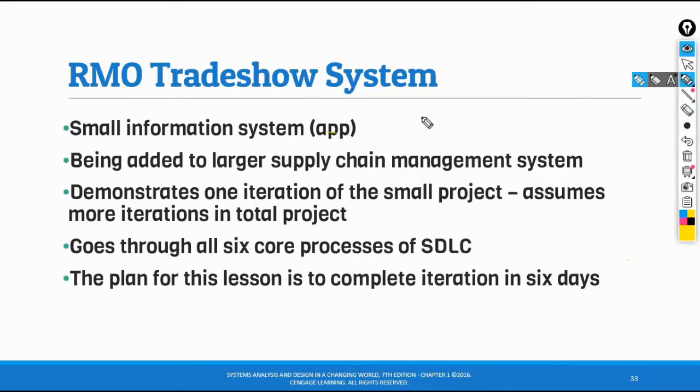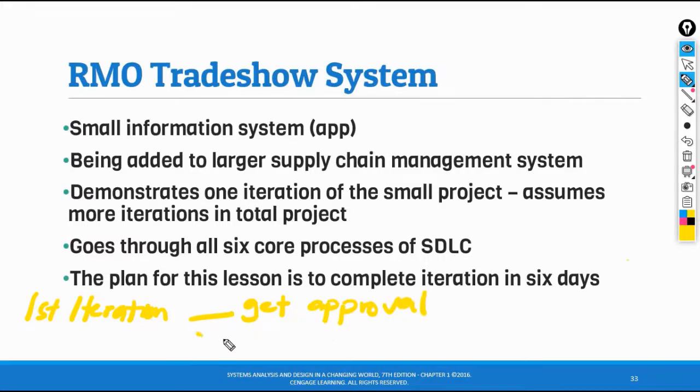So most new information system applications require a project with several iterations. In the first iterations, there are usually three major objectives. The first objective is to get project approval.